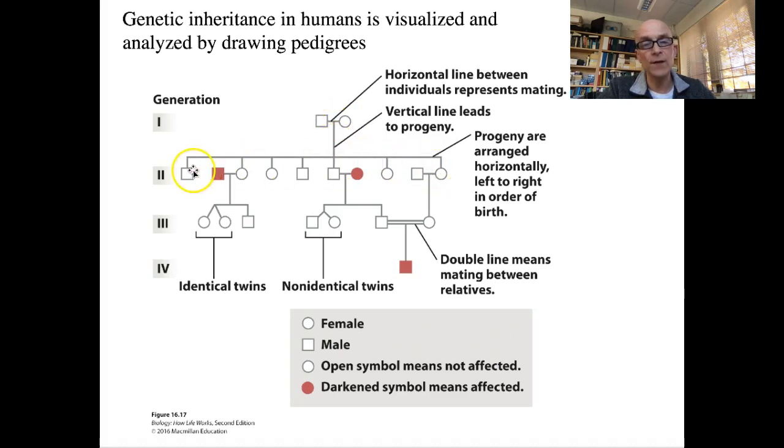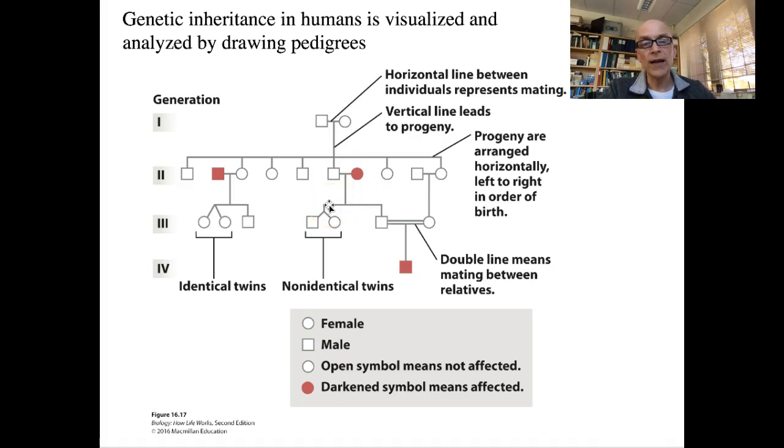All of these offspring, a large family, have lines that come off of this long line, right? So all of the individuals that don't come off of this long line are mates of their children. In other words, this couple had a son here, and that son got married to this woman, and so they have offspring, and that's their offspring.